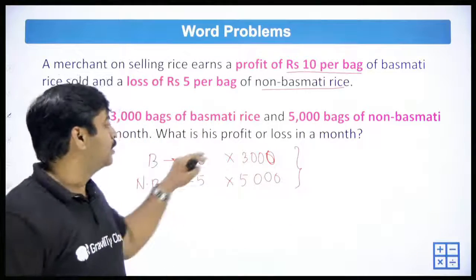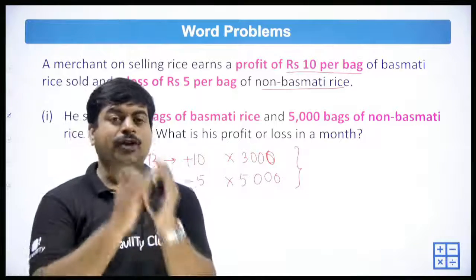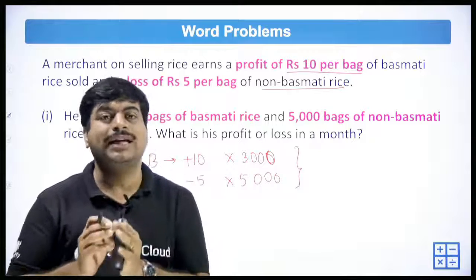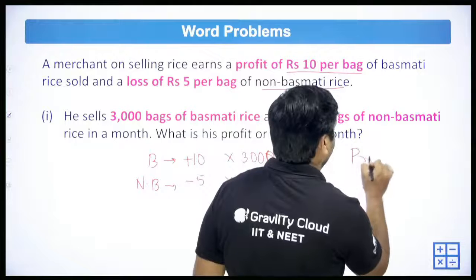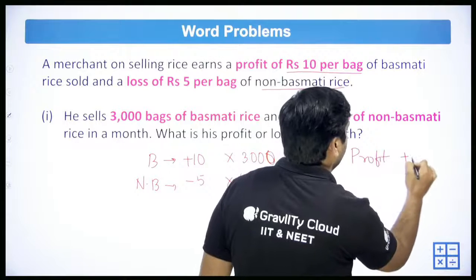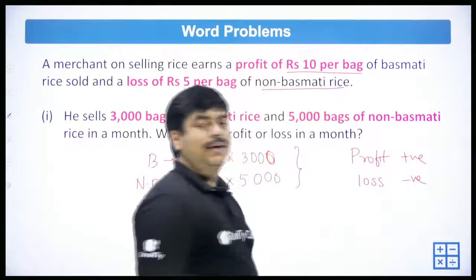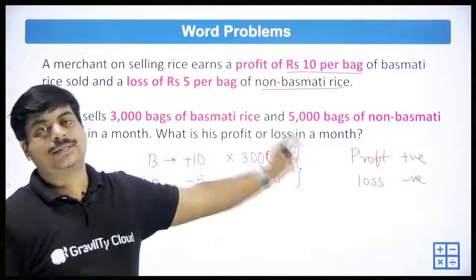Just multiply 10 into 3,000 and minus 5 into 5,000, and add these two. If you get a positive answer, that means you have a profit. If you get a negative answer, that means you have a loss. Profit is always positive, and loss is always negative. So when you get a negative answer here, you will get a loss.